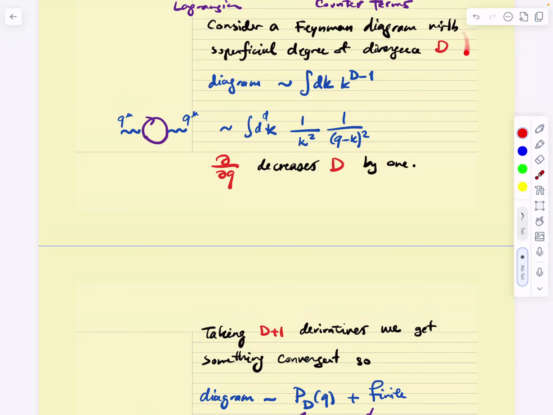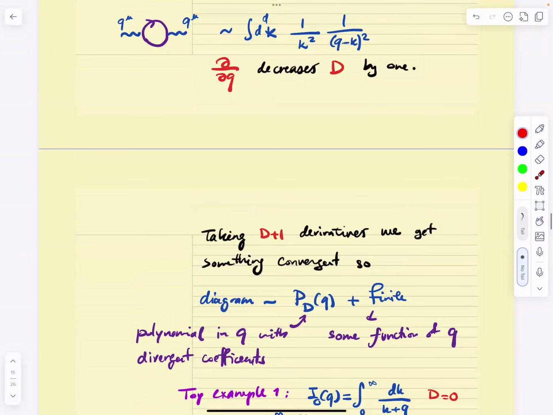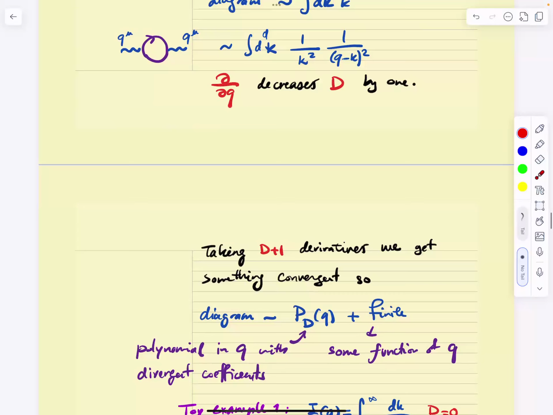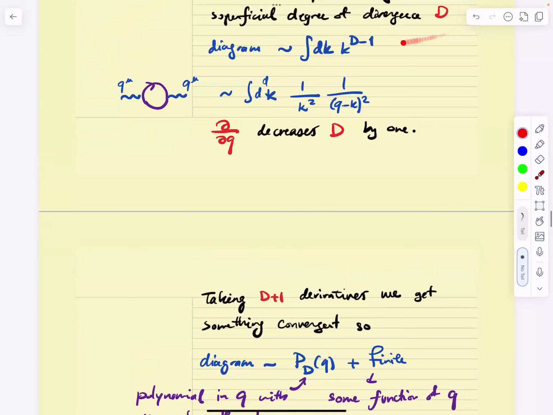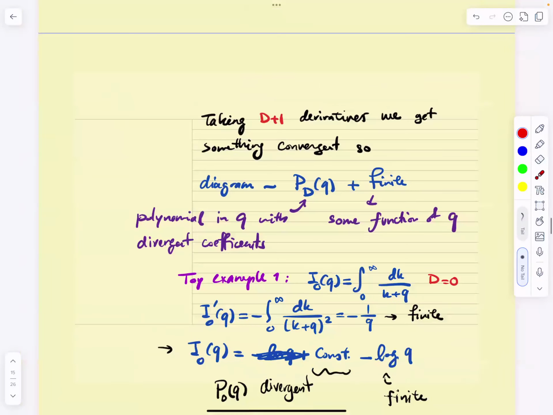So if you had degree of divergence d and you took d plus 1 derivatives, you get something convergent. Another way of saying that schematically is that a diagram with superficial degree of divergence d is expected to look like a polynomial of degree d in q, plus a piece that's finite. This is some function of q that's finite. Do not confuse this q with p momentum.